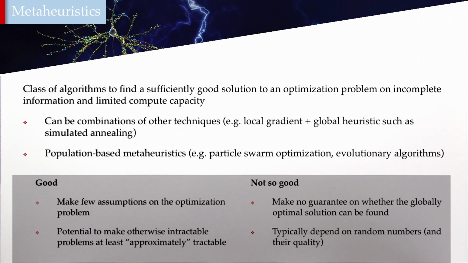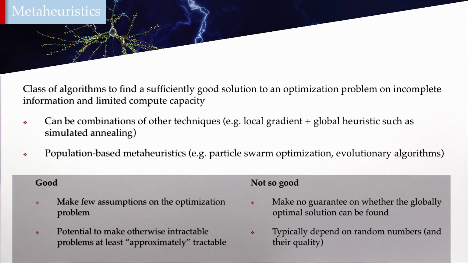And a variant of these are population-based meta heuristics, like, for example, swarm optimization or evolutionary algorithms, where instead of having one search point, you have a multitude of search points and treat them at the same time. The good thing about meta heuristics is that they make very few assumptions on the optimization problem, and therefore can also give you approximate solutions to otherwise possibly intractable problems.